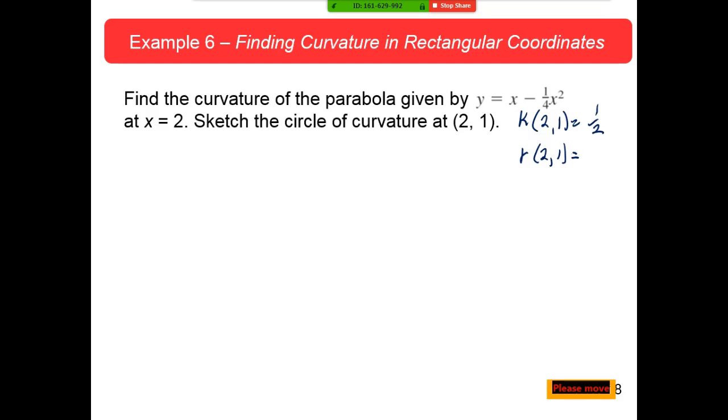Anyone make a guess? If you turn back to example 4 on page 858, you'll see a formula that'll be helpful there. For any circle, curvature of a circle of radius r, what is the curvature?